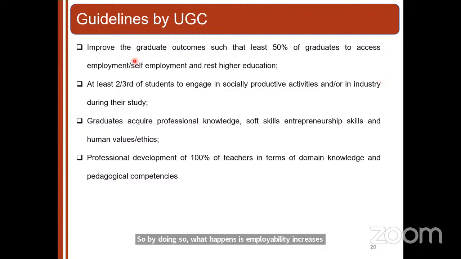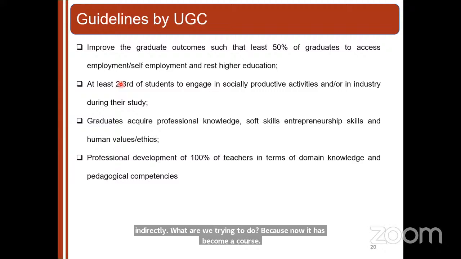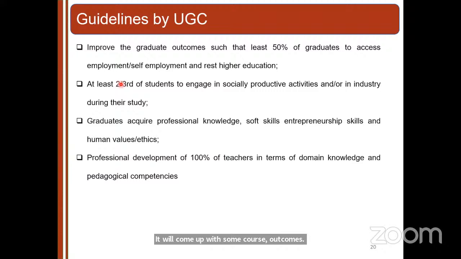But indirectly, because it has now become a course, it will come up with some course outcomes. Because it has course outcomes, it has to be mapped with the program outcomes. Therefore, you can assess and evaluate the student based upon entrepreneurship skills and soft skills, which are measurable and a part of the university mission and vision.